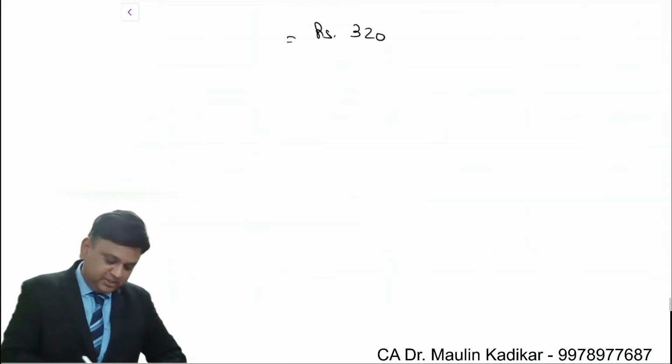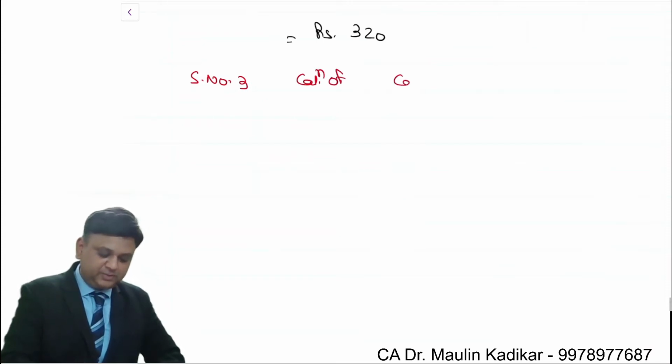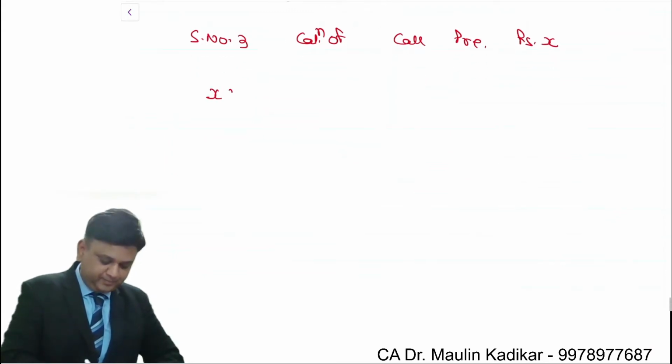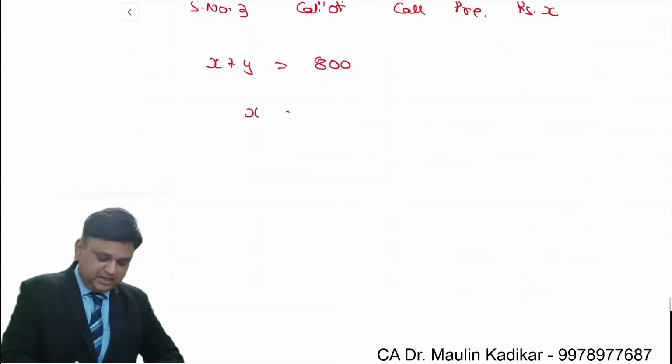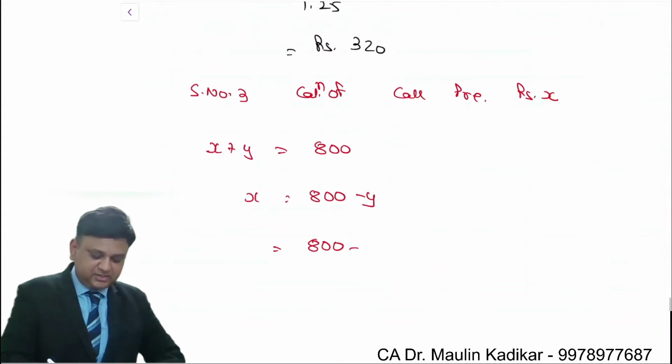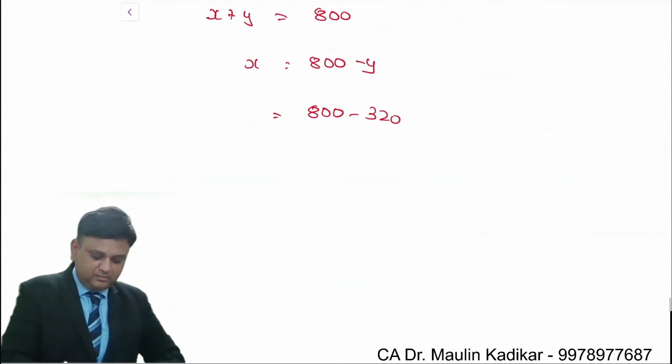Now step number 3. Calculation of call premium, rupees X. X plus Y is equal to 800. X is equal to 800 minus Y. So 800 minus 320. That comes to 480.